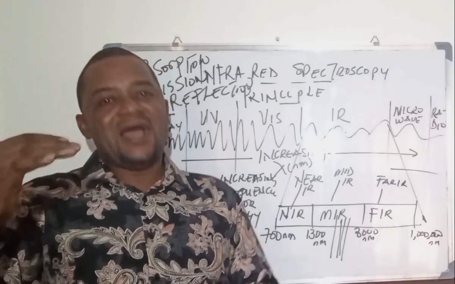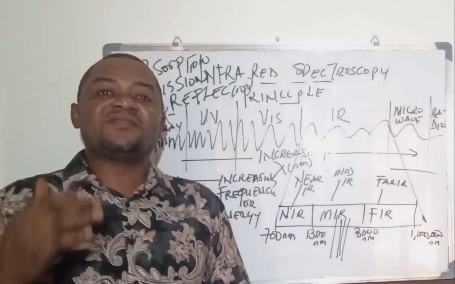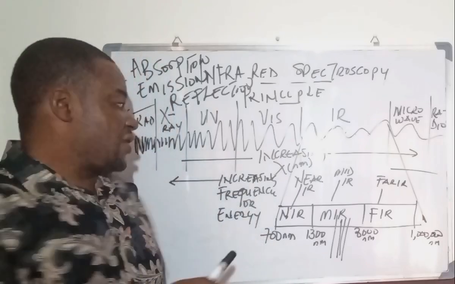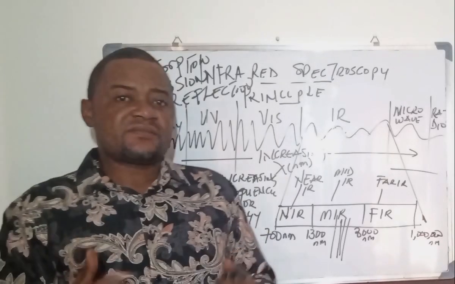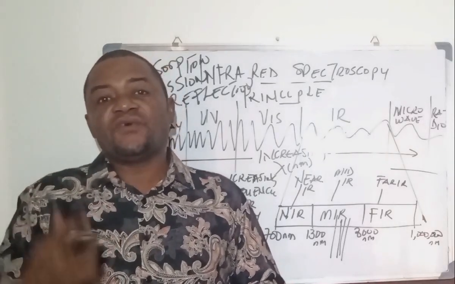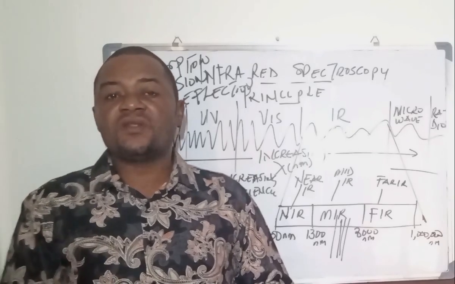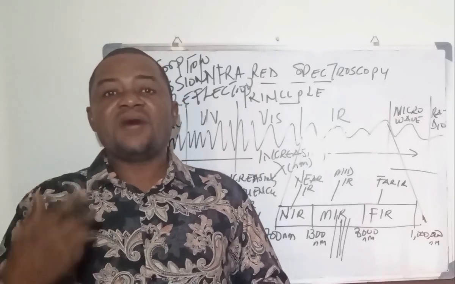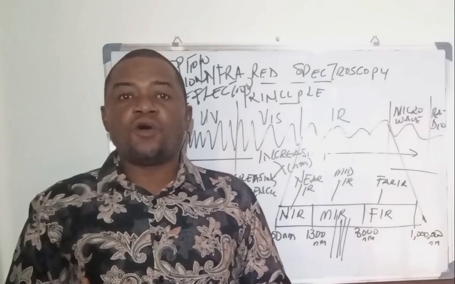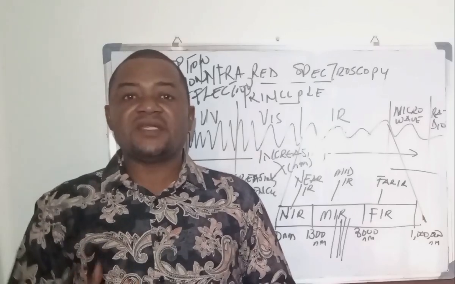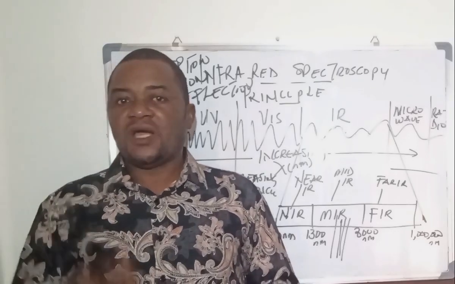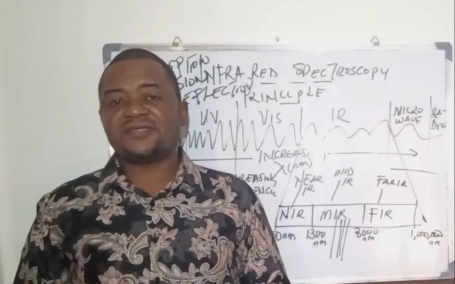To excite as well. And once there is that excitation by the photon, consequent upon their frequency, because the energy that the photon carries allows for what? Allows for multiple excitations. And once there are multiple excitations, there are also multiple absorption peaks that you get. We are going to look at absorption peaks in our next class.